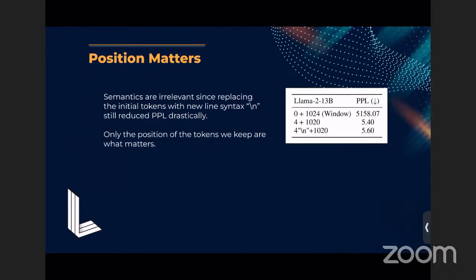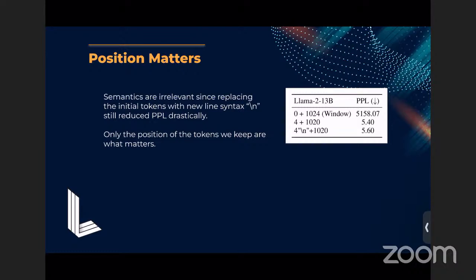And as you can see from this example of Llama 2 13B, when the initial 4 tokens are considered as attention sinks, the perplexity of the model is very low.